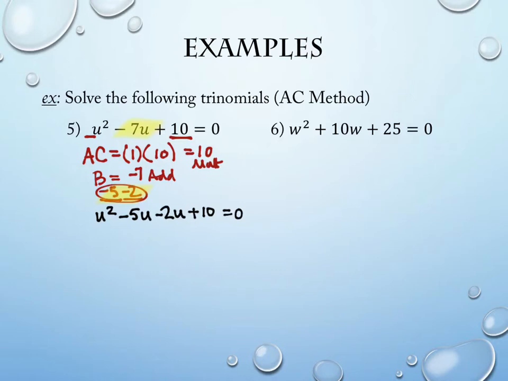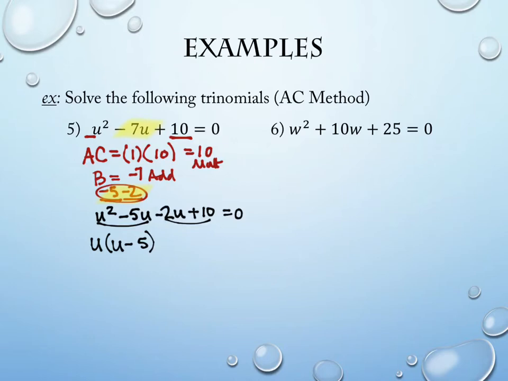And what we're going to do next is something called factoring by grouping. So I'm going to group the first two terms and the last two terms together, and do what I did back on the first problems, problems 3 and 4. I'm looking for a common factor. What do u squared and negative 5u have in common? U. And if I take out a u, I'm left with u minus 5. Everybody good so far? What do negative 2u and positive 10 have in common?